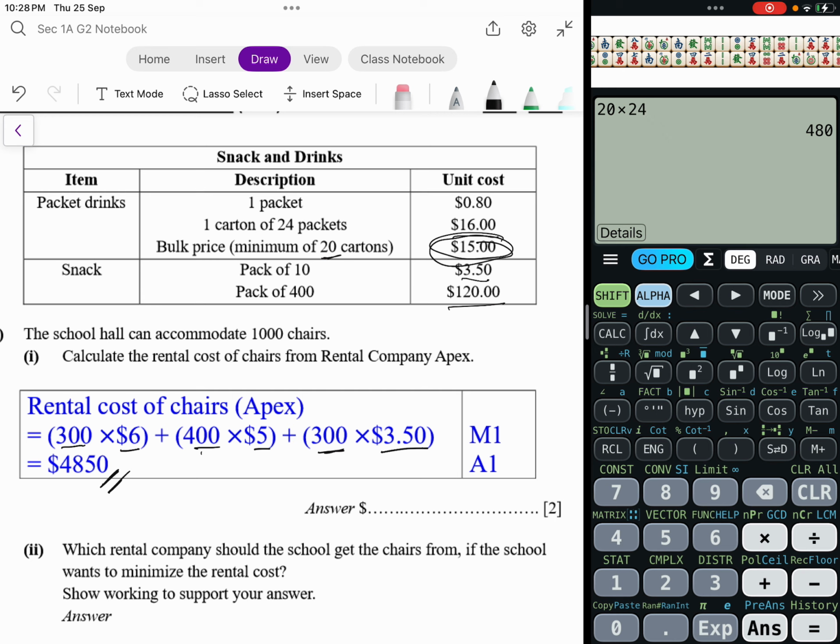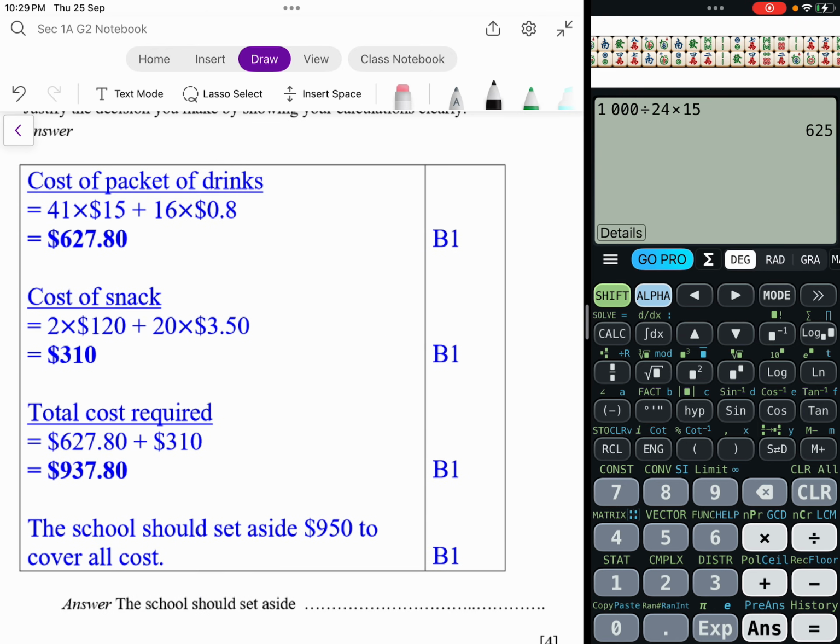Since we need 1,000, we do fulfill. So how many cartons do we need? 1,000 divided by 24, we need around 42 cartons. 42 cartons times 15, so we will pay 620.